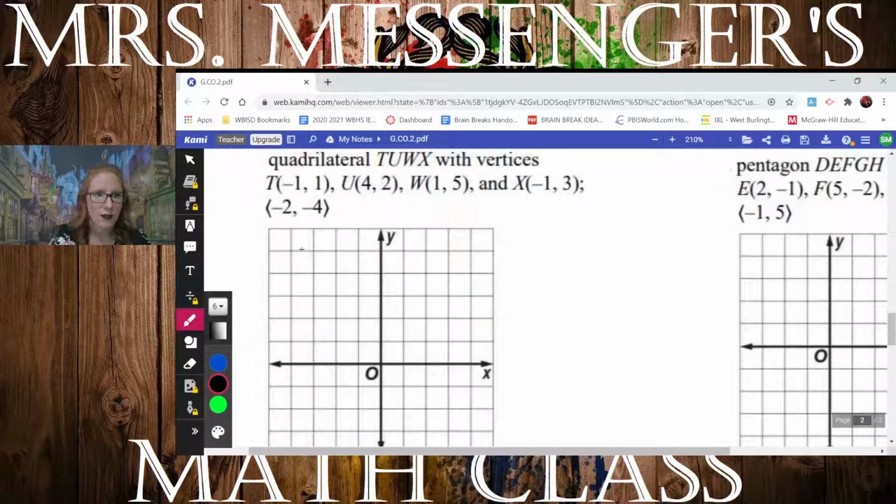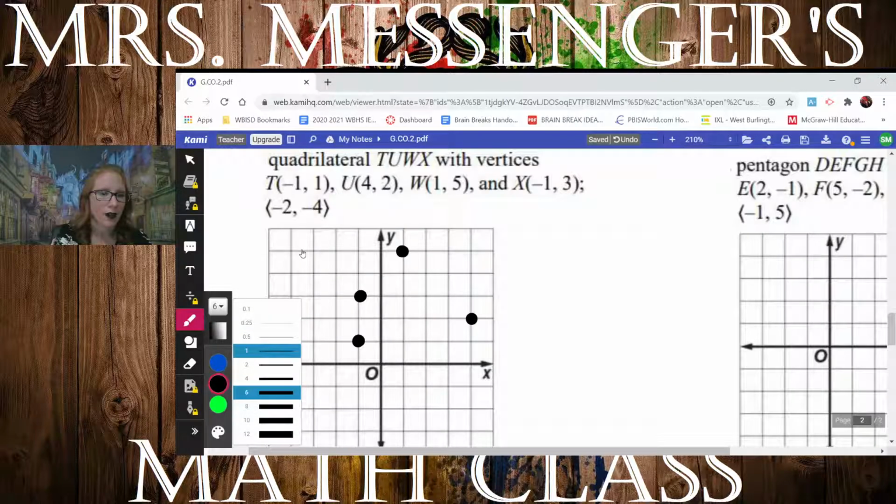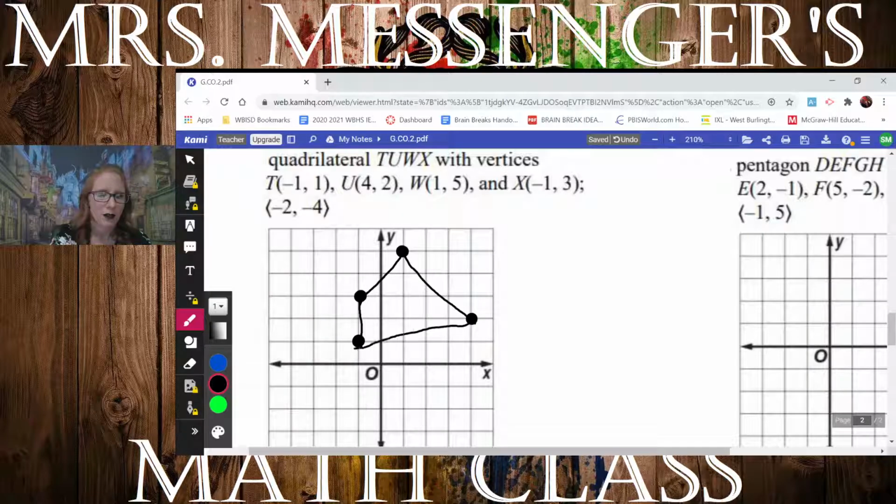So T is at negative 1, 1. And we got 4, 2. And we got 1, 5. And we got negative 1, 3. So still kind of a hexagon. Still kind of a trapezoid shape, it's just a bit different this time.